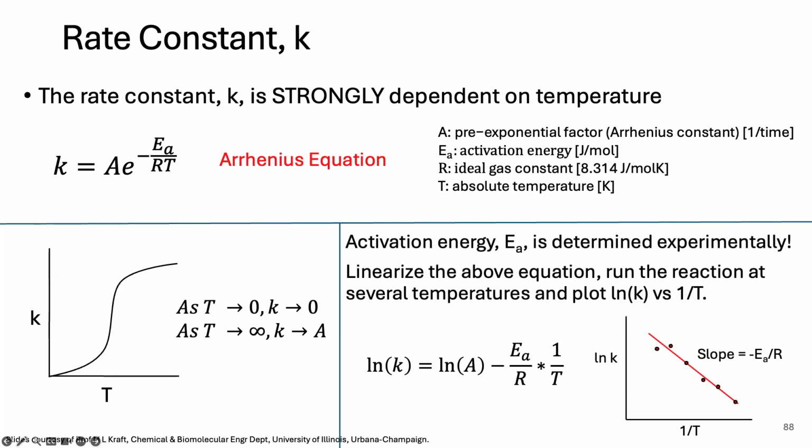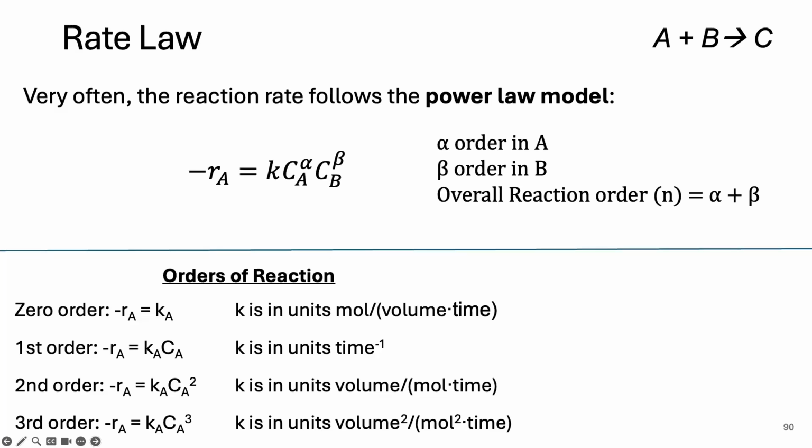For example, we can run our reaction at several different temperatures, estimate our rates and our rate constants, and then linearize our Arrhenius equation, such as ln k versus 1 over T, and the slope of those data would be equal to the negative of the activation energy over R, whereas the y-intercept would be equal to ln, or the natural log, of the pre-exponential factor. So that's how we can capture the effect of temperature.